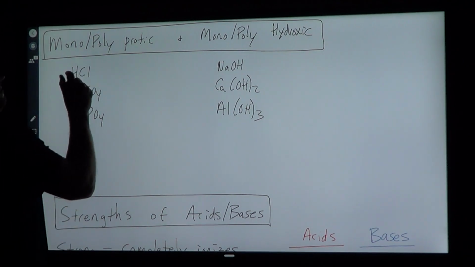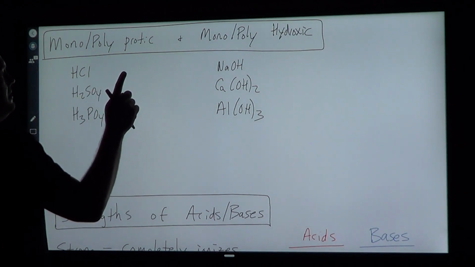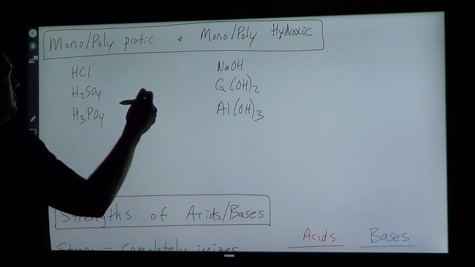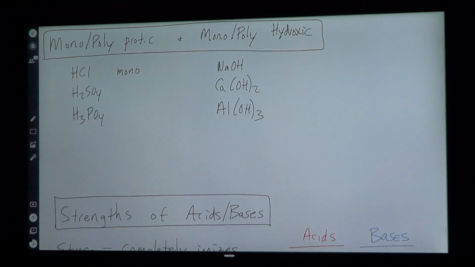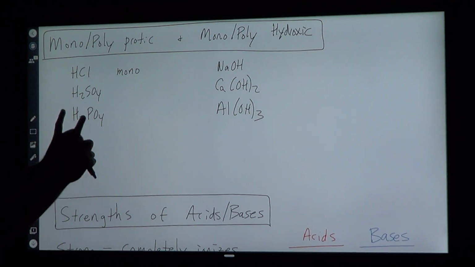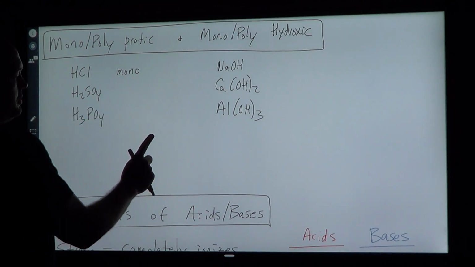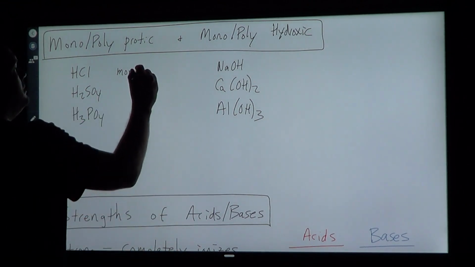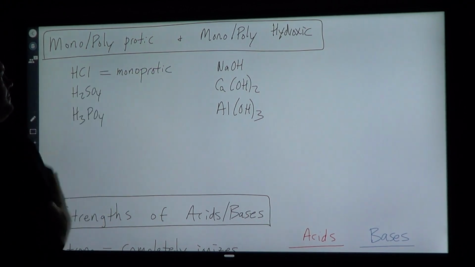But this substance, if it splits into water, only has one H+ that it can donate, and so it's mono. And if you remember what we learned way back when about hydrogen, hydrogen only has one proton and one electron. So if it's an H+, you lose the electron, so an H+ is really just a proton. So this is called monoprotic.